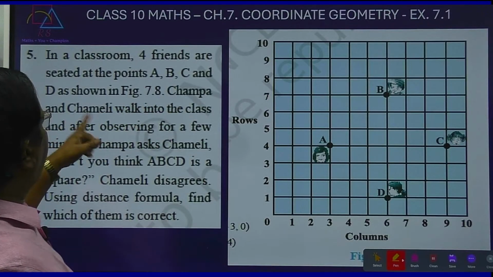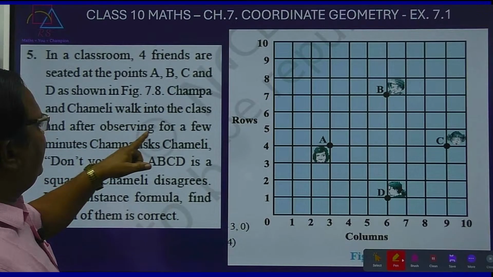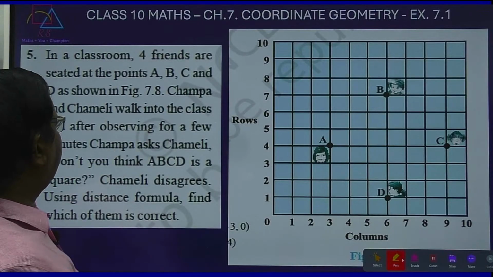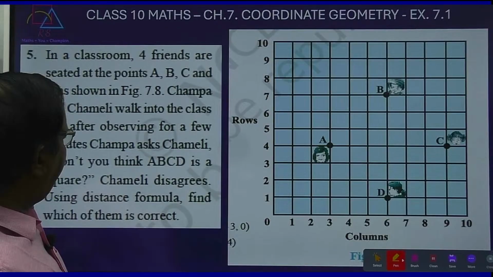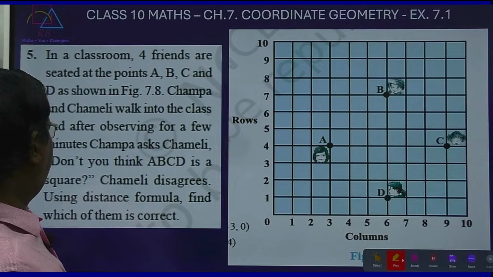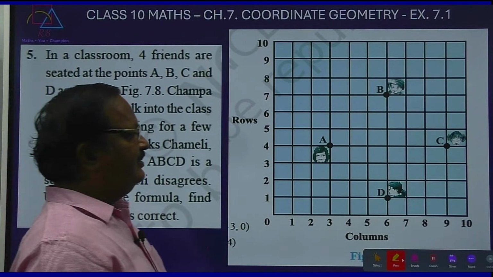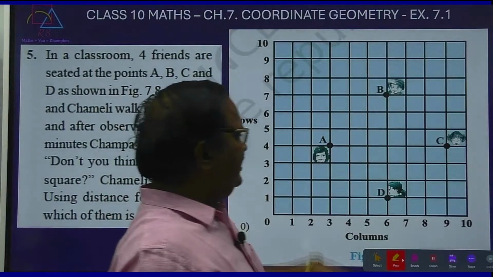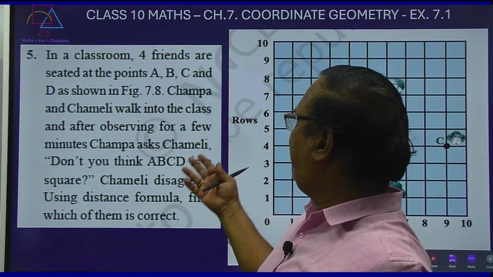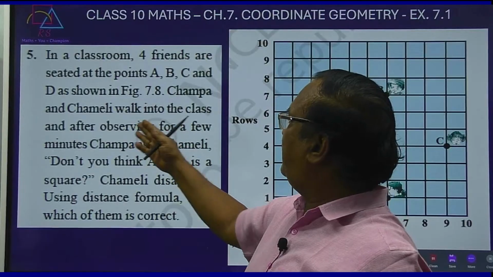Champa and Chameli walk into the class. After observing a few minutes, Champa asks Chameli, "Don't you think ABCD is a square?" And Chameli disagrees. So using the distance formula, find which of them is correct.